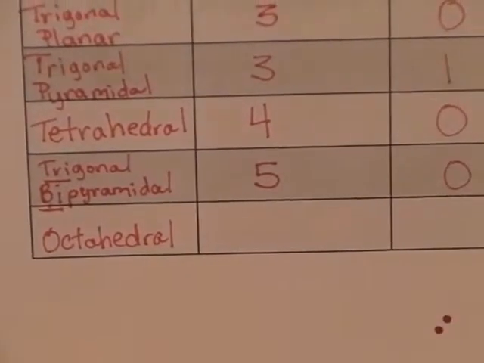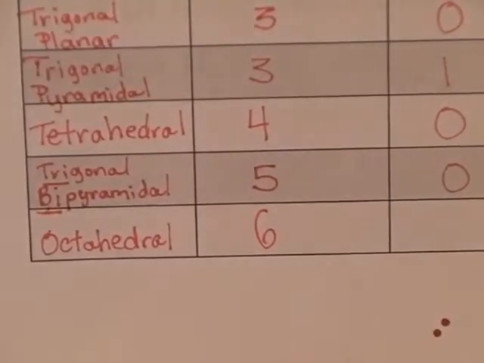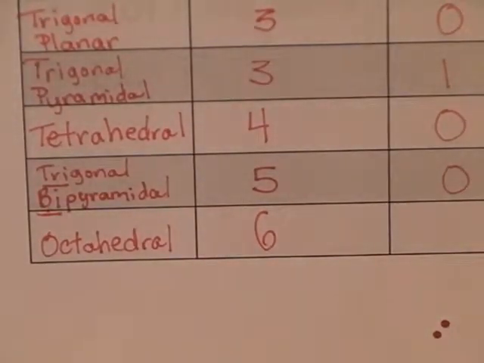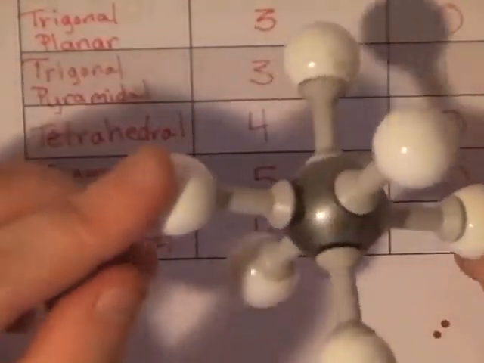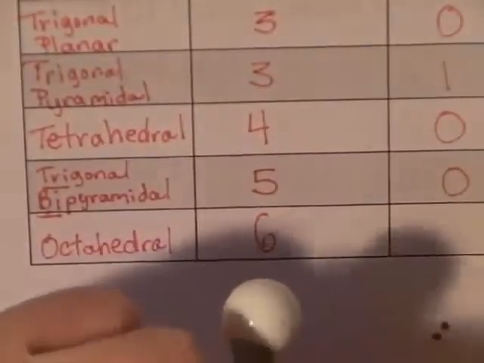But in reality, this has 6 atoms bonded to its center. I understand it's frustrating, but when you build this tomorrow, you'll hopefully be able to see it. When we have an octahedral shape, which is like this right here, notice 6 things bonded to the center, it actually makes an 8-sided figure.